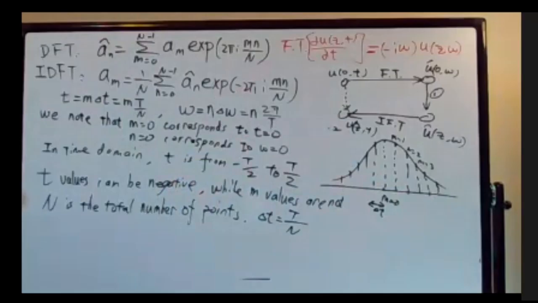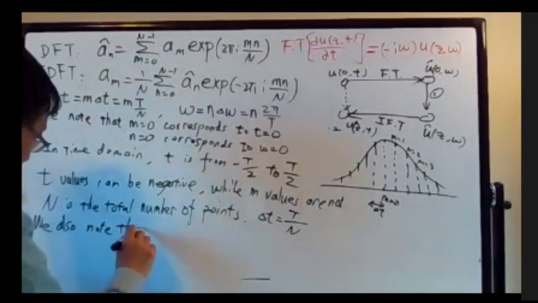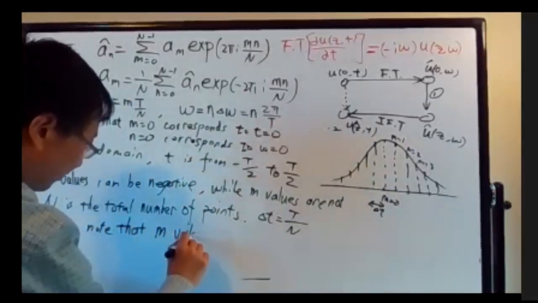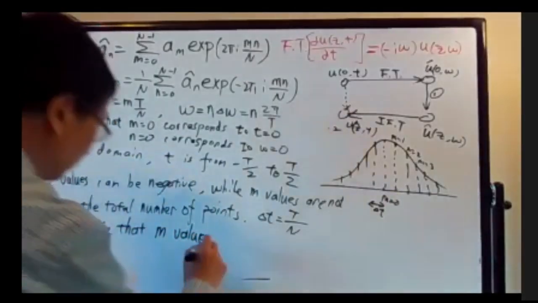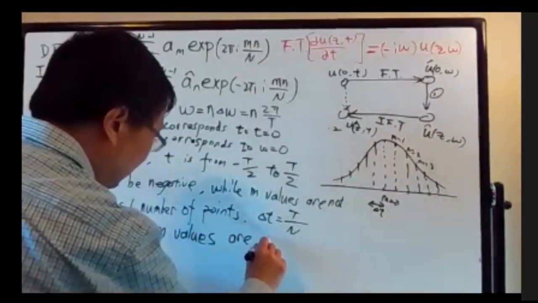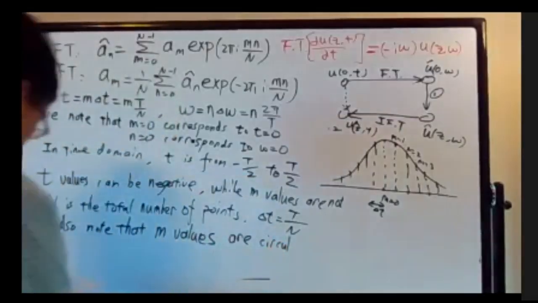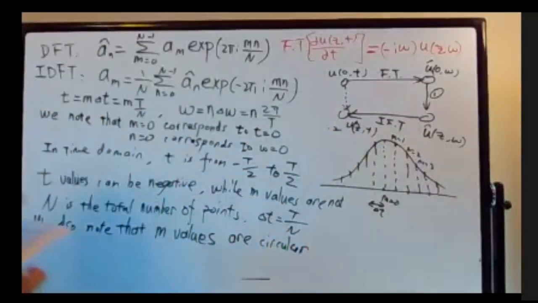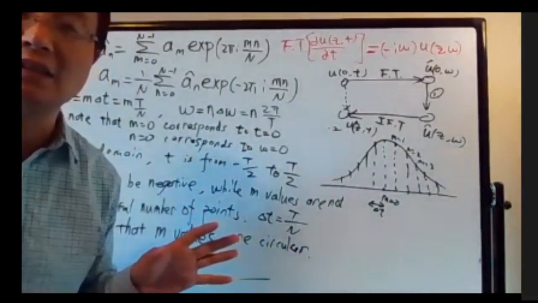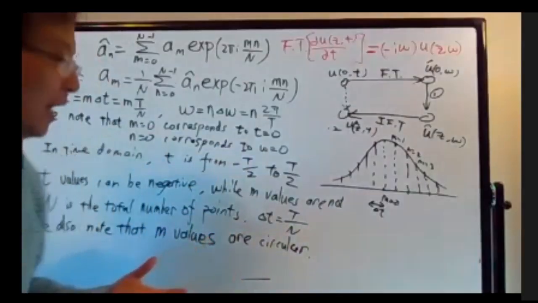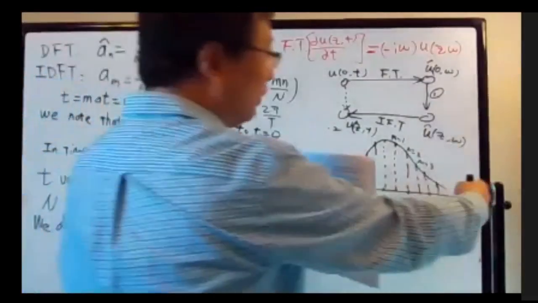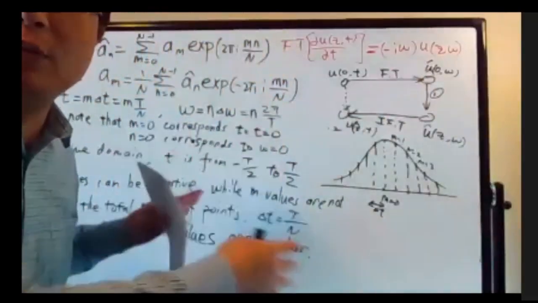We also note that m values are circular, because we learned from the signal systems class that when we take a discretized Fourier transform, we have a time window and it is a periodic signal.